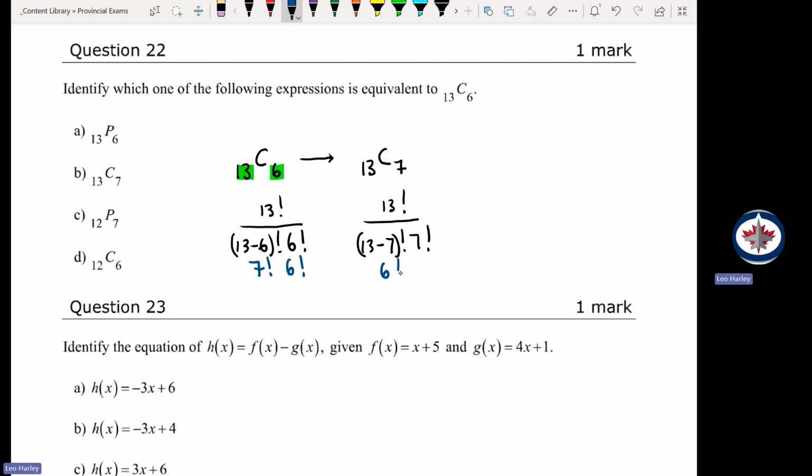The other one is 6 factorial, 7 factorial. Does that help you? Okay, so really I'm just looking at the difference between the n, the total number of objects, and r, the number of objects to be selected. And then right away you can throw out A and C. So the correct answer has to be letter B. Okay.